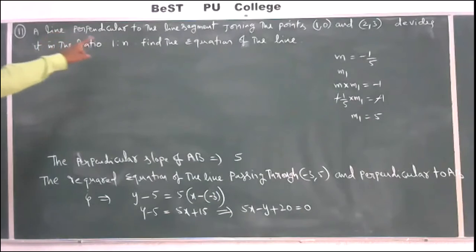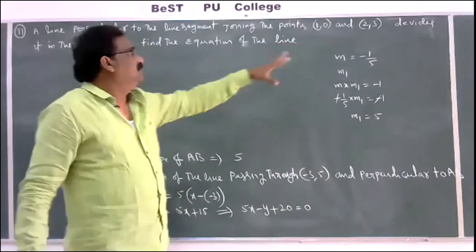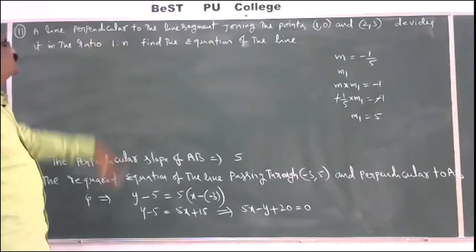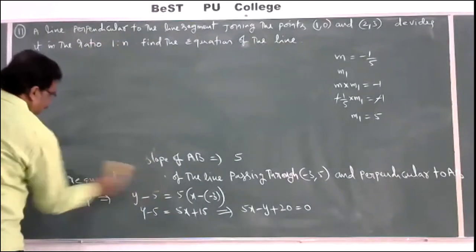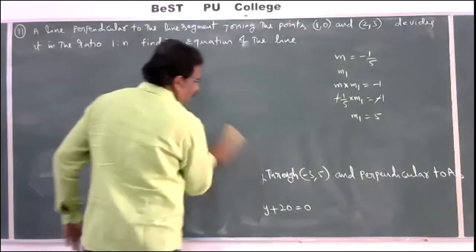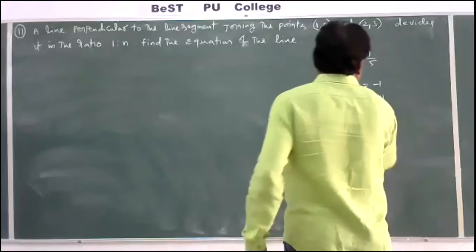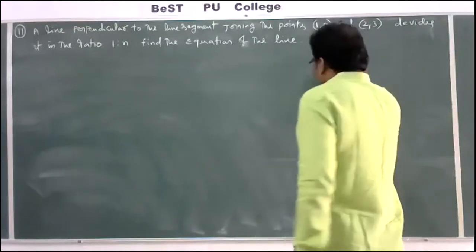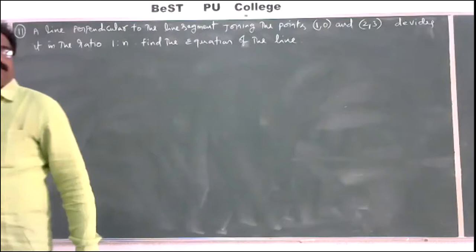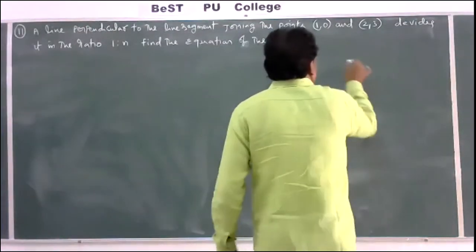A line perpendicular to the line segment joining the points and divides it in the ratio 1:n. You know the section formula. The point which divides the line segment joining x1 y1 and x2 y2 in the ratio m:n is mx2 plus nx1. You remember this formula?